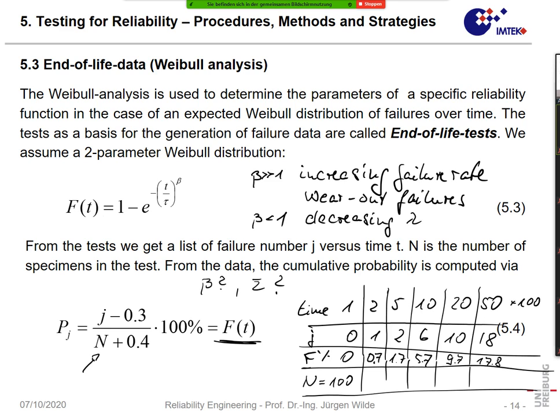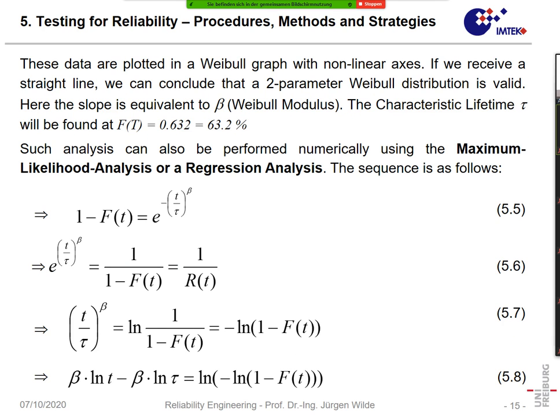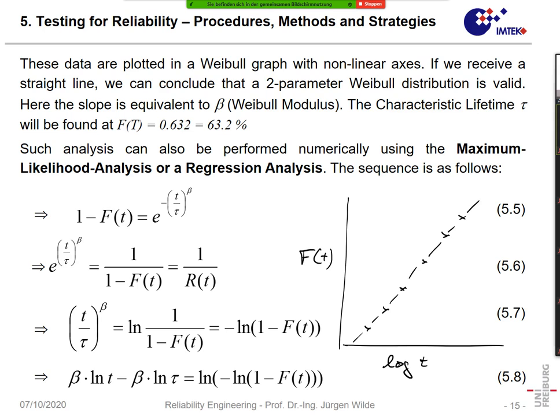And now we plot this over time. So here we have log t, and here we have F of t, and we plot the data, and of course the number must be increasing, and in that way we have a linear graph in that plot.